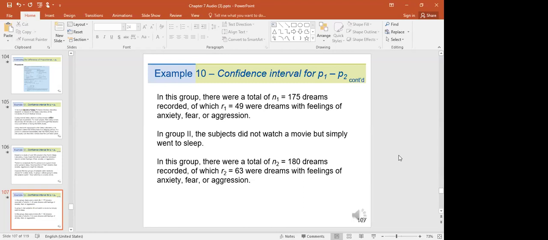So you are going to do stat again, and then tests. We will move down, after T interval is 1 proportion Z interval, then 2 proportion Z interval. We want to choose 2 proportion Z interval.